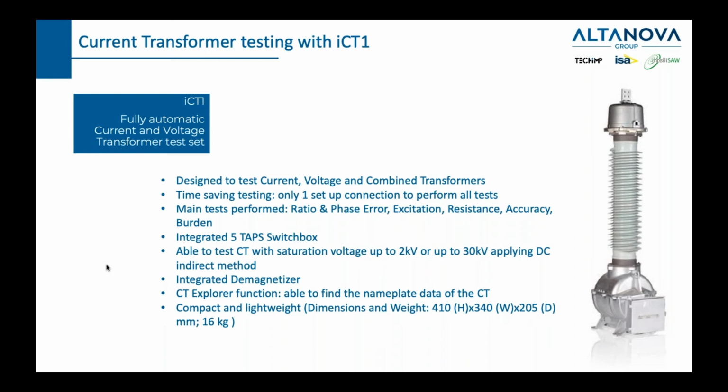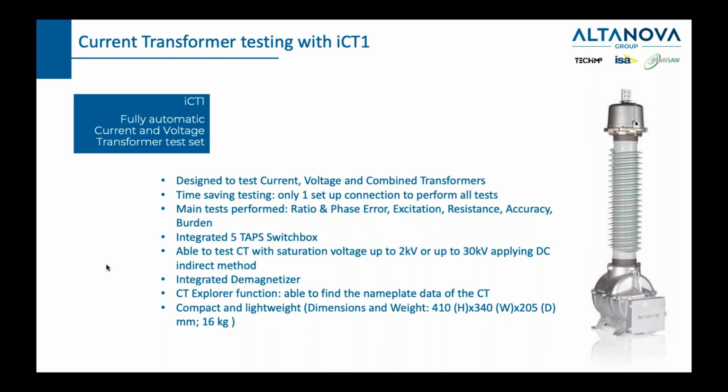So iCT1 inside carries a transformer which can generate up to 2 kilovolts at 50 Hertz. And 50 Hertz, it's important to emphasize because this is necessary to test all current transformers according to standards.